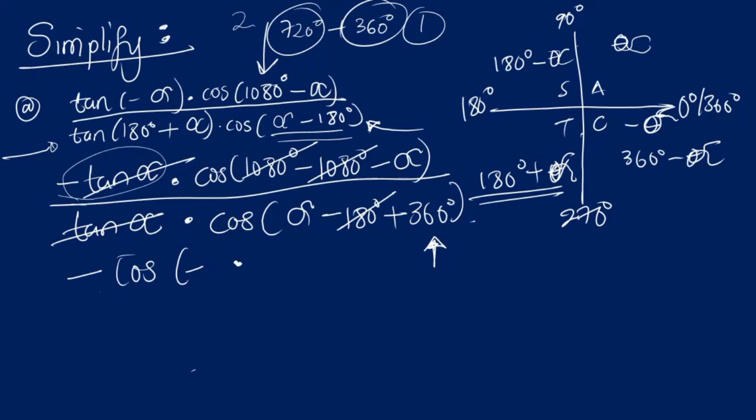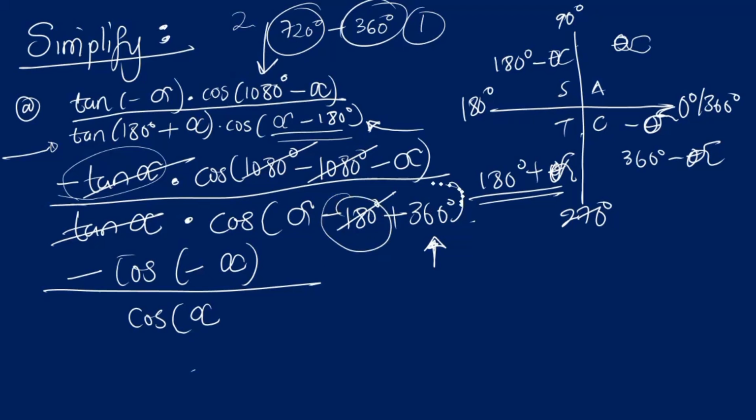Hope you see that. Perfect. And then here, what is left? I don't have a negative here. I just have a cosine. Cosine of what? Let's put this. Cosine of alpha. What is negative 180 plus 360?